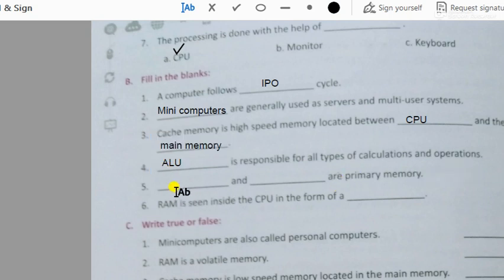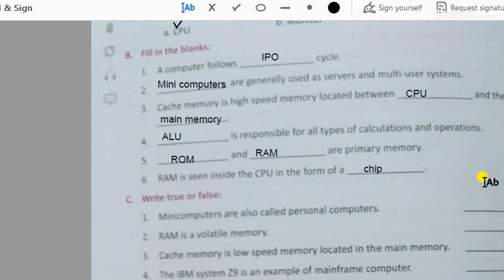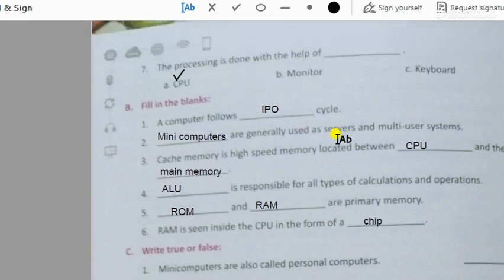Dash and dash are primary memories. That is ROM and RAM. RAM is seen inside the CPU in the form of a chip. Chip. So you can do all the fillings.